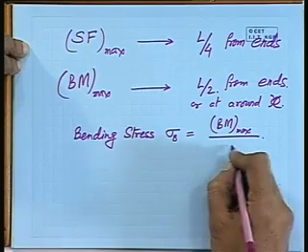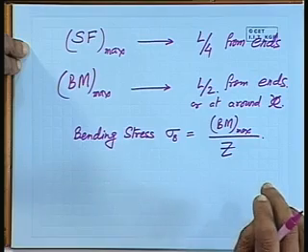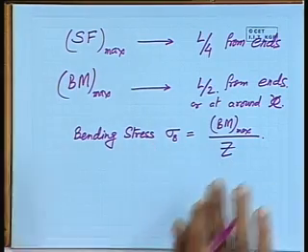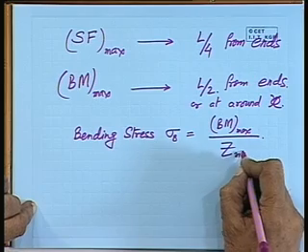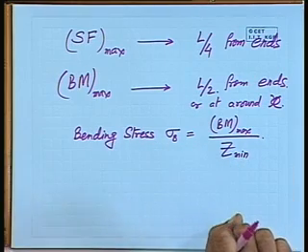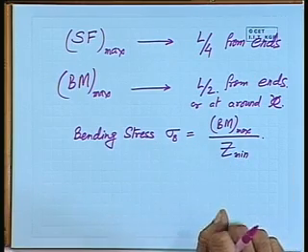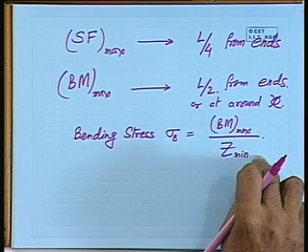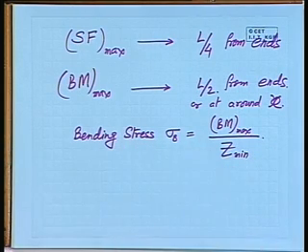Now, the section modulus is Z, and Z should have the minimum value there. We will come to this later once again, because when we take the midship section, we will find that Z minimum will have two meanings here, one for the deck and one for the keel.